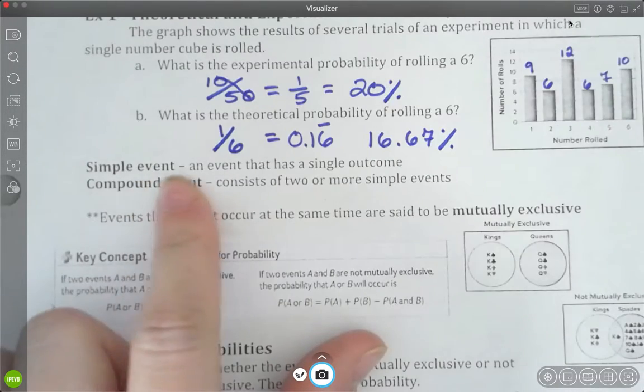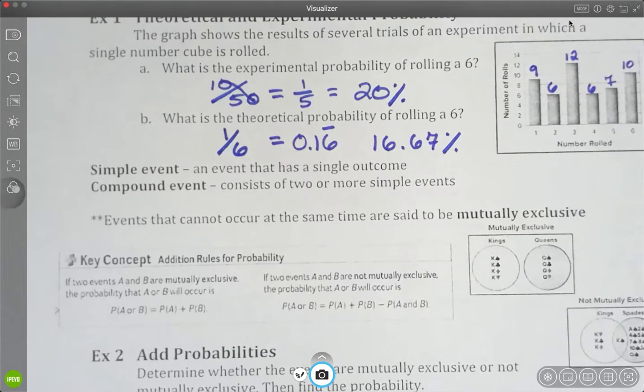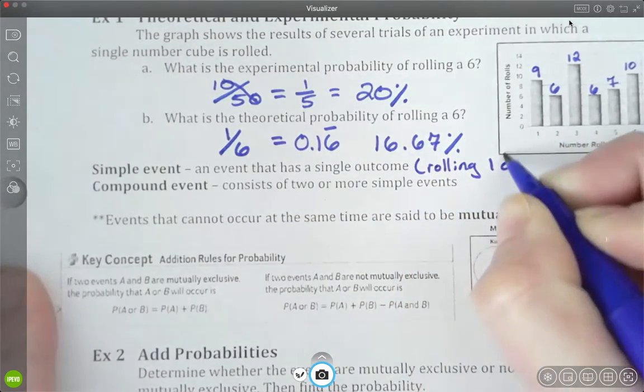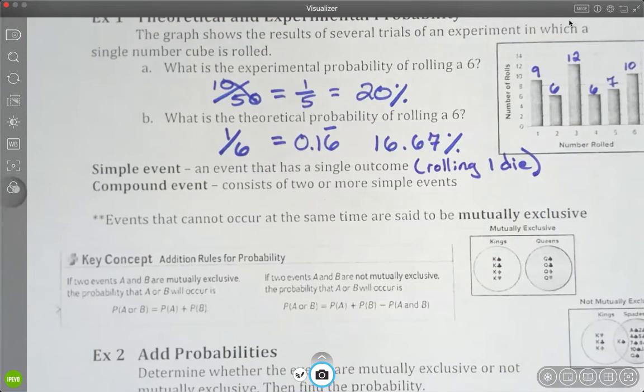A simple event versus a compound event. Okay, an event that has a single outcome is a simple event, and one that consists of 2 or more simple events is a compound event. So what you just did above was a simple event. We were rolling 1 dice. So I'm going to put here rolling 1 die. Die is the singular of dice.